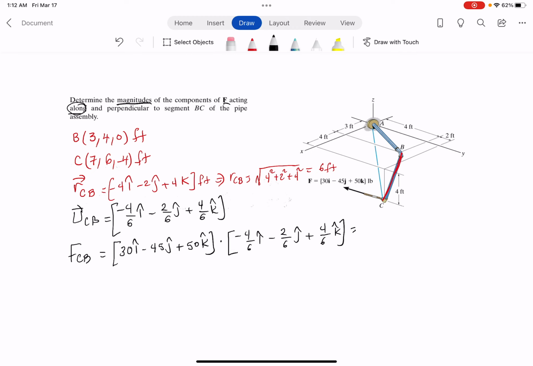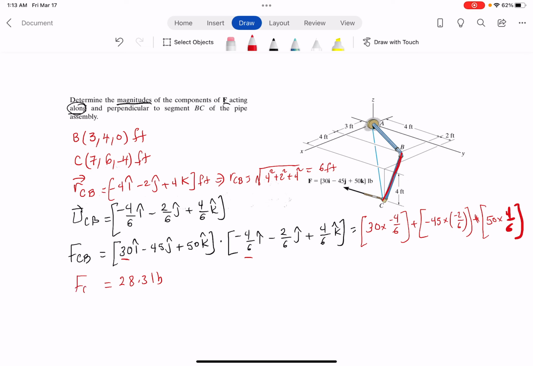You just multiply component by component: 30 times -4 over 6, minus 2 over 6 times 45, plus 50 times 4 over 6, and that gives you 28.3 pounds.